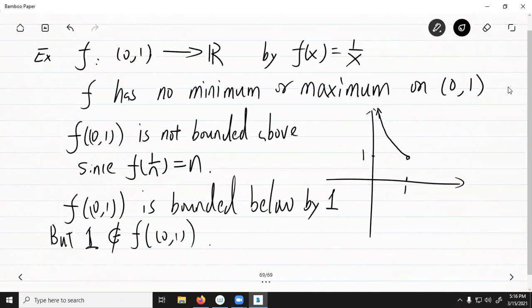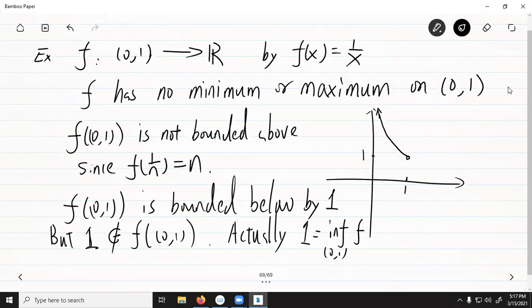Actually, this 1 is equal to the infimum of f on the interval from 0 to 1. This is the infimum. So this is another example, a continuous function on an open interval. It may not have maximum or minimum values.